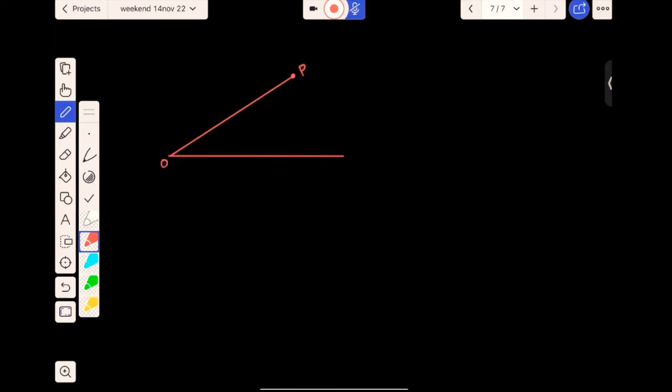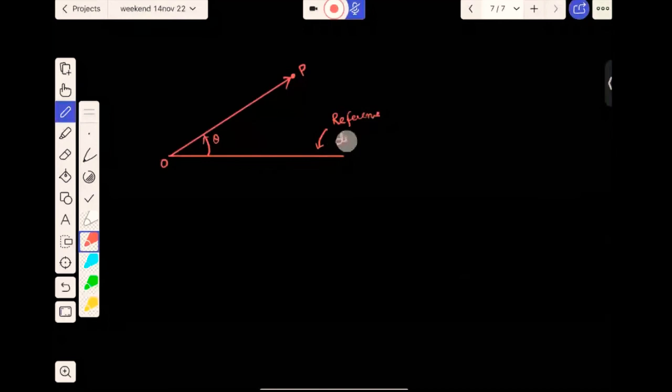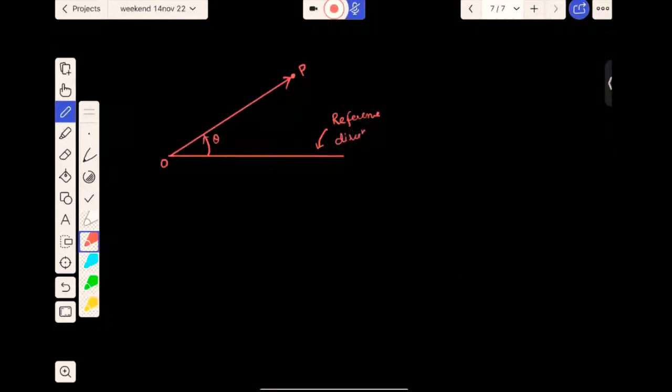What basically we do is the rate at which the angle made by the position vector from the reference direction changes, that is going to be our angular velocity.